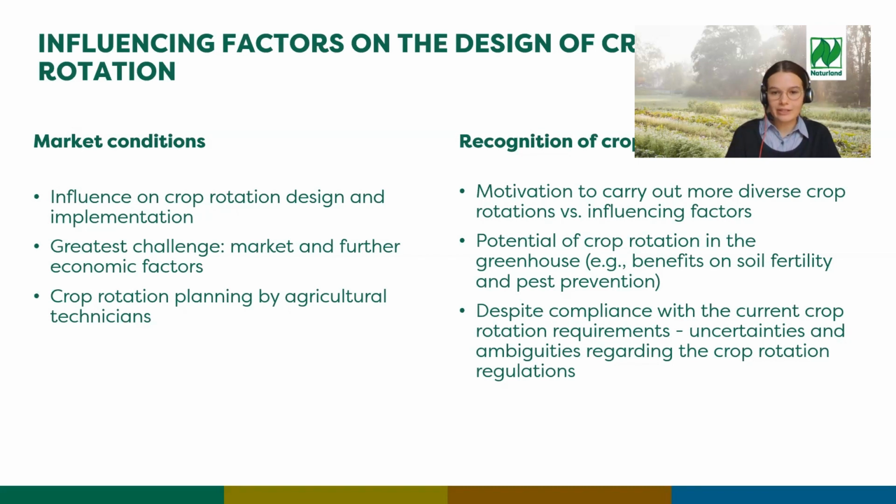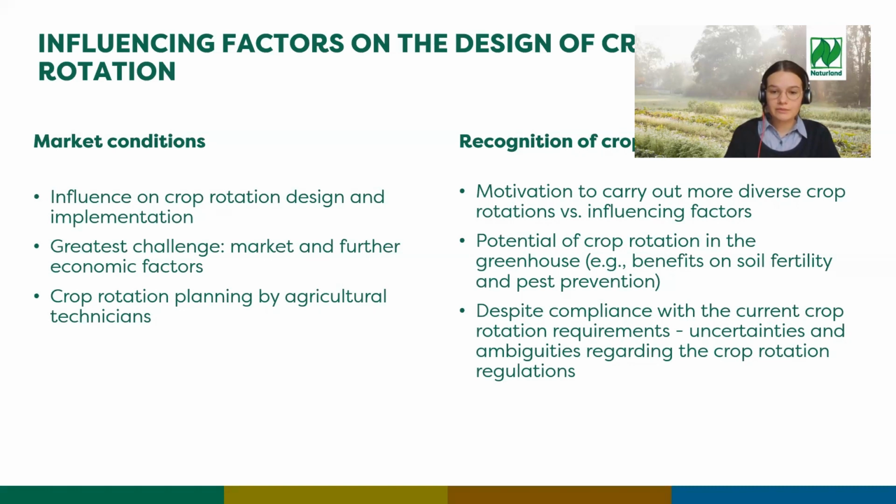And this leads us already to the second factor identified, the recognition of the interrelations of crop rotation in general. So the motivation to carry out more diverse crop rotation is challenged by the before mentioned influencing factor and challenges of greenhouse farmers. But as already shown, there's a great potential for the overall production systems when implementing crop rotation, also in the greenhouses, for example, the improved soil fertility or the pest prevention.